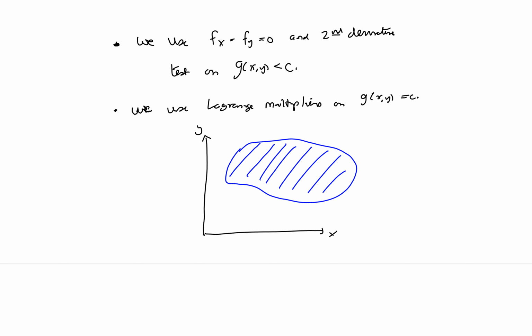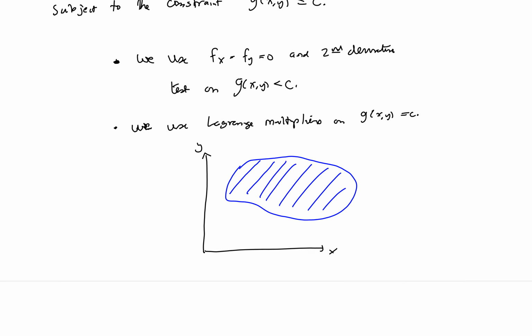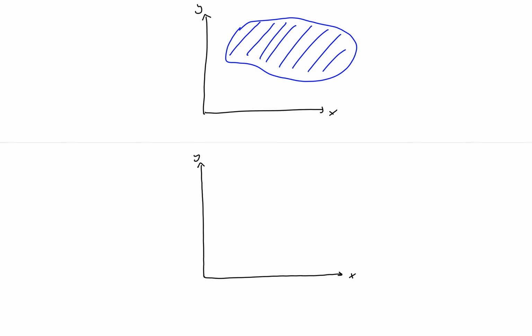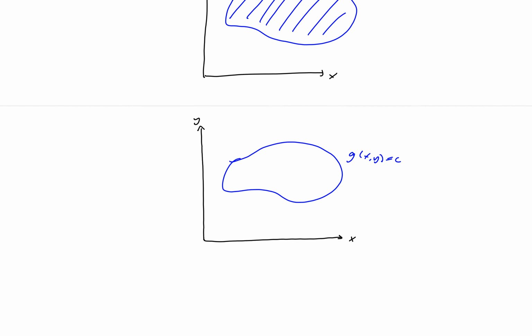So what we would do is break this up into two pieces. I have the blue part here. This is where g(x,y) equals c, so I use Lagrange here.